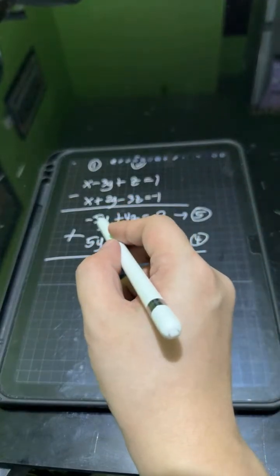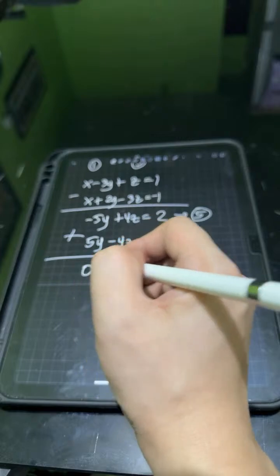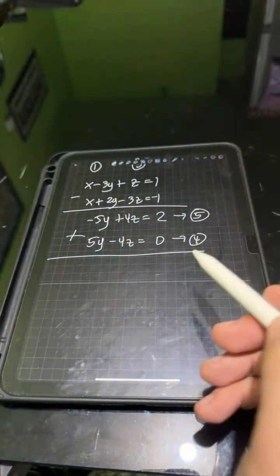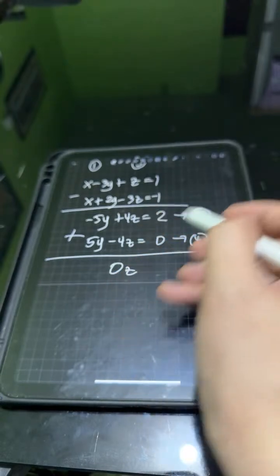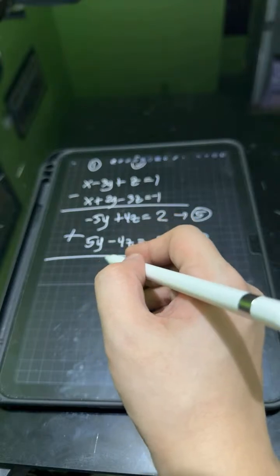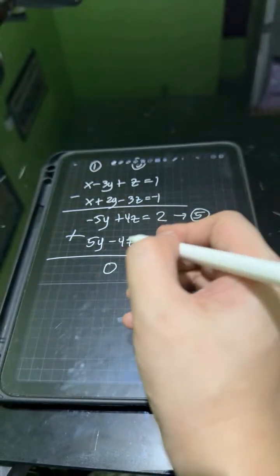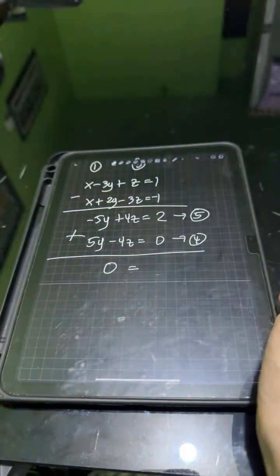So adding equations 5 and 4, negative 5y plus 5y, 0y. So y is eliminated. 4z plus negative 4z, 0z. So z is also eliminated. So the left side turns out to be equal to 0 because both y and z are eliminated.